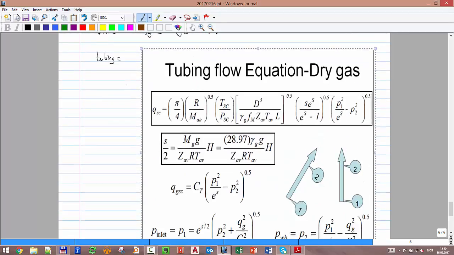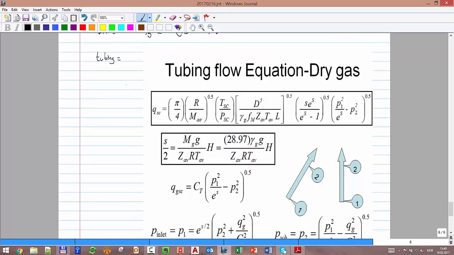Okay, so let's make those comments here. Remember, pressure drop depends on the velocity. And the velocity, if you remember, is just the Q local divided by the area, right?